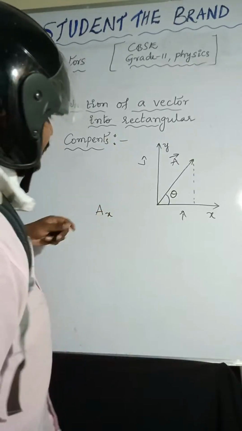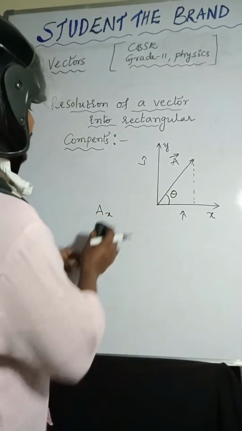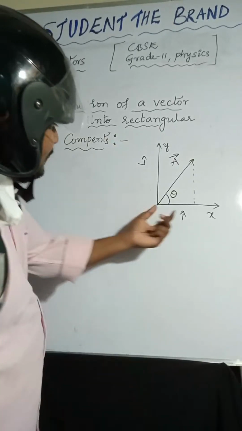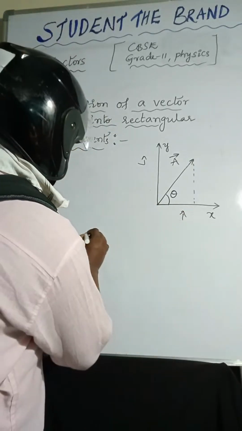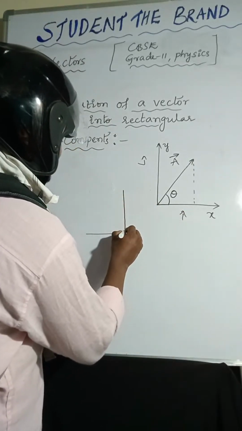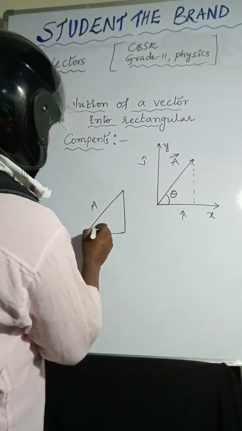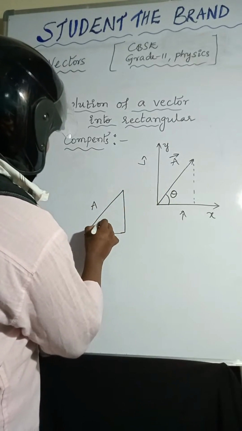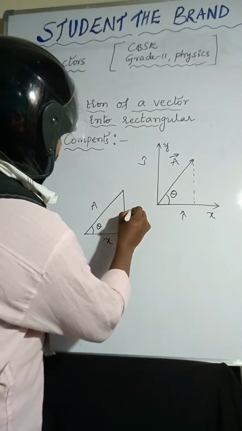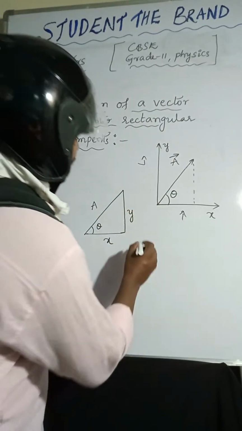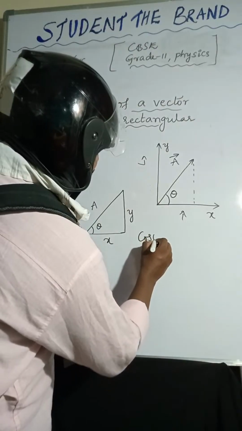Consider the right angle triangle, with this component x, only magnitude, and this is theta. Now, what is the cos theta formula?